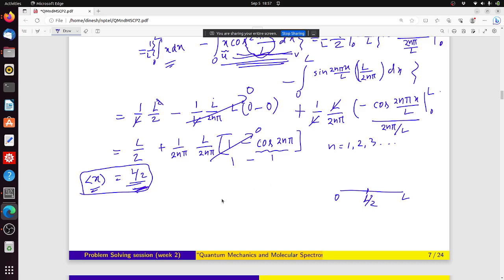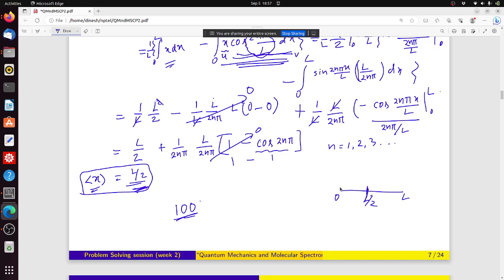That means quantum mechanics is probabilistic. The quantum world is probabilistic. So when you do the experiment, let's say some 100 times, and try to measure the position of that particle inside this box, most of the time you will find the particle sitting in the middle of this box, right?